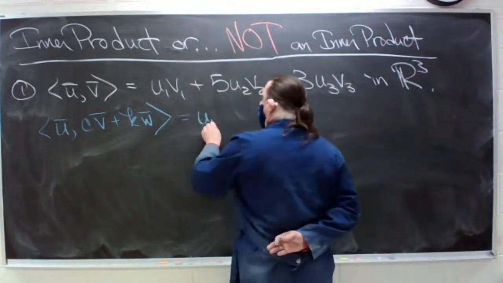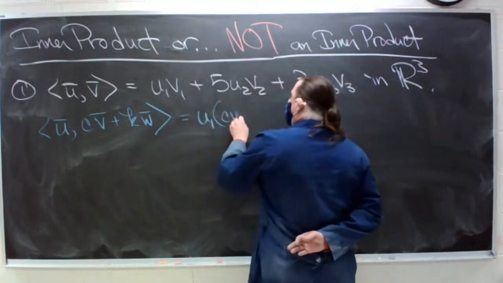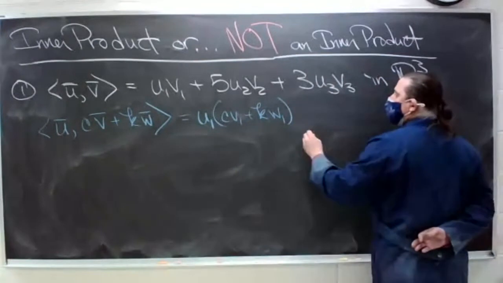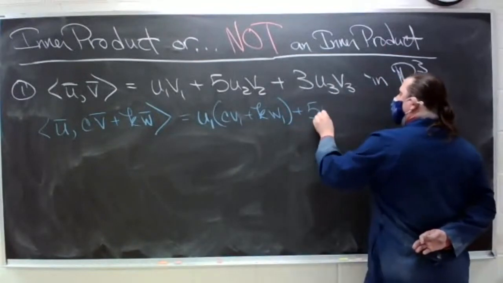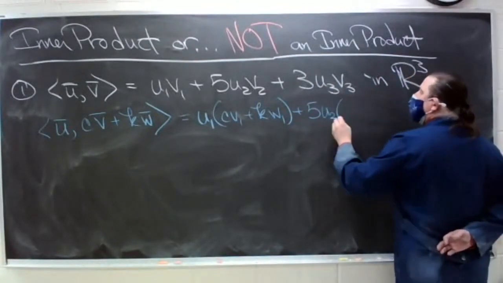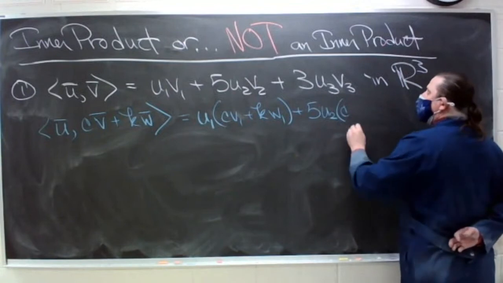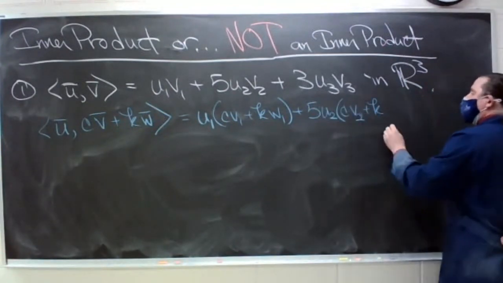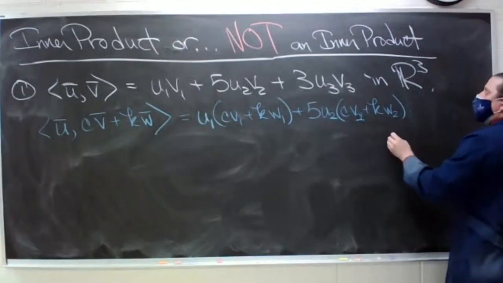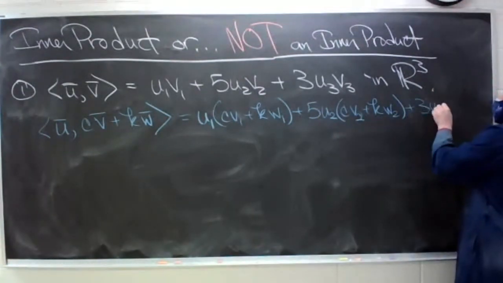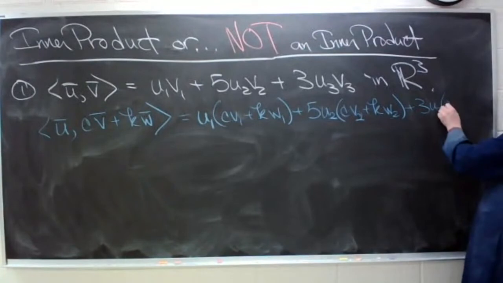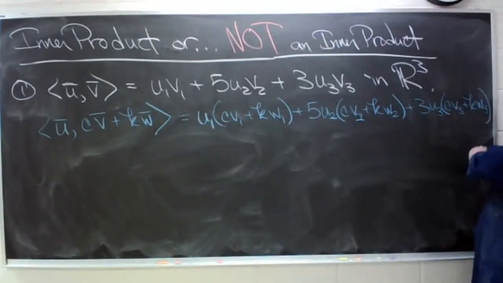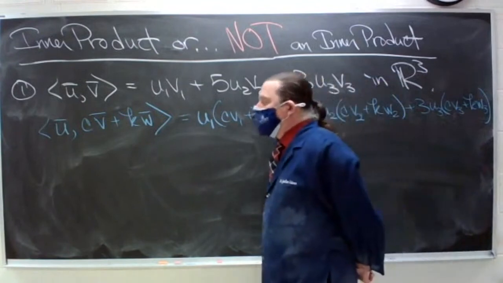Well, this is going to be u1 (c v1 plus k w1) plus 5 u2 (c v2 plus k w2) plus 3 u3 (c v3 plus k w3).